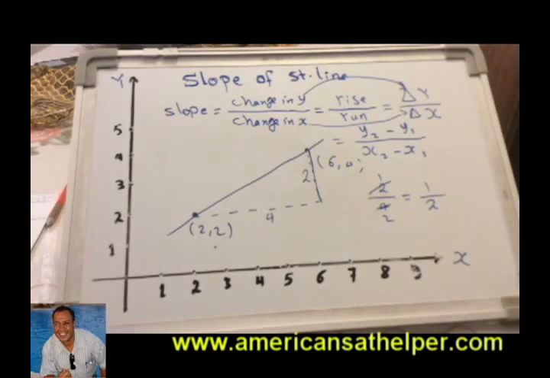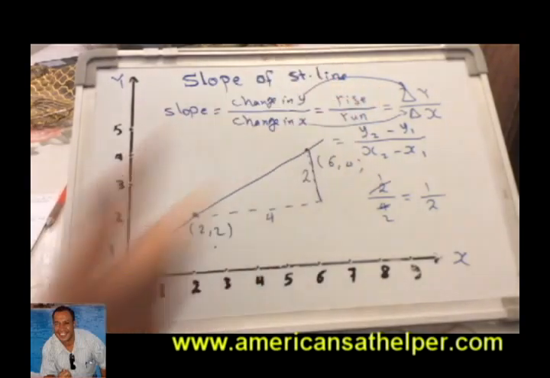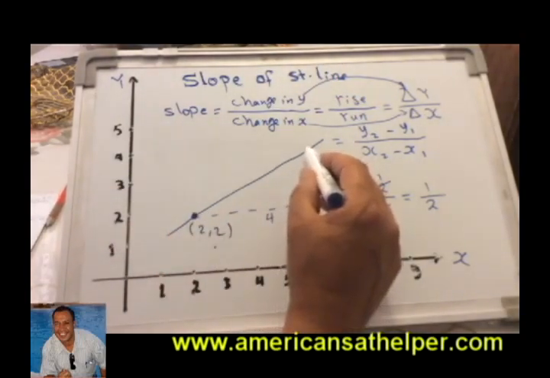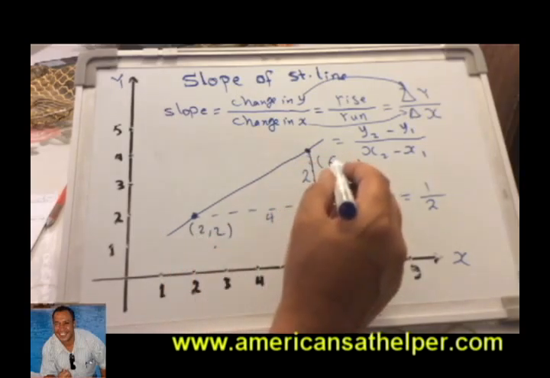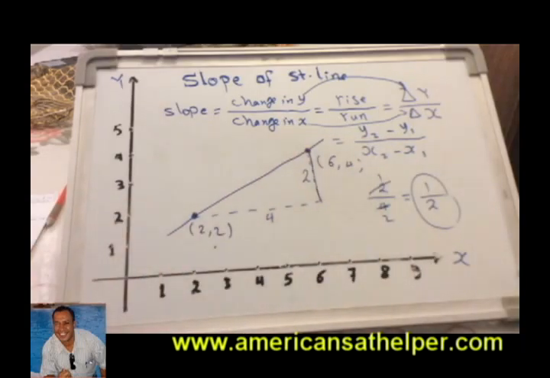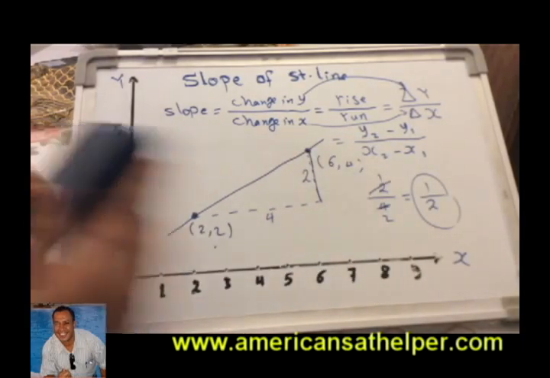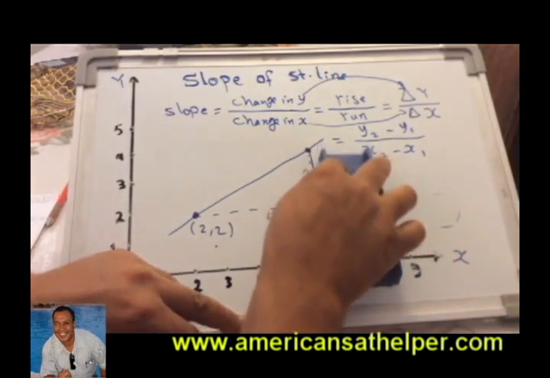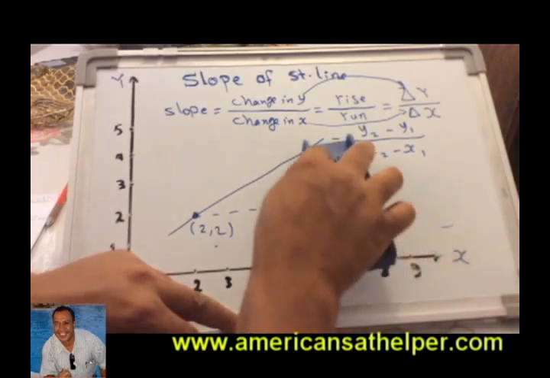Good. So with respect to this line, we found the slope between 2 points, (2, 2) and (6, 4), and we get the slope equals half. What if we tried to find the slope between another 2 points?